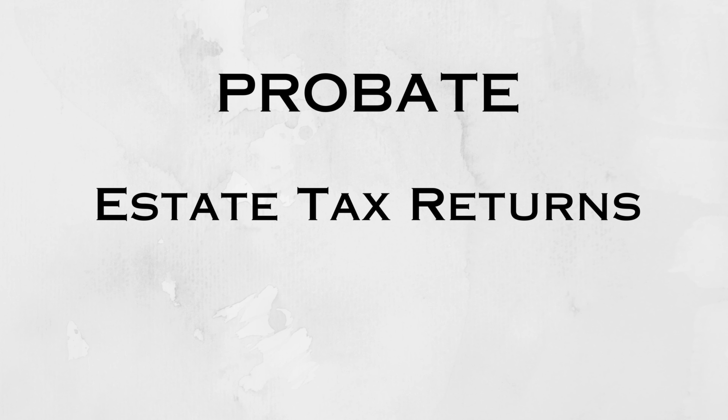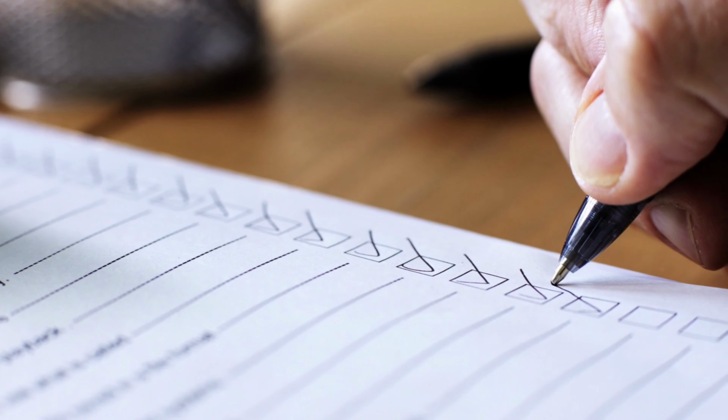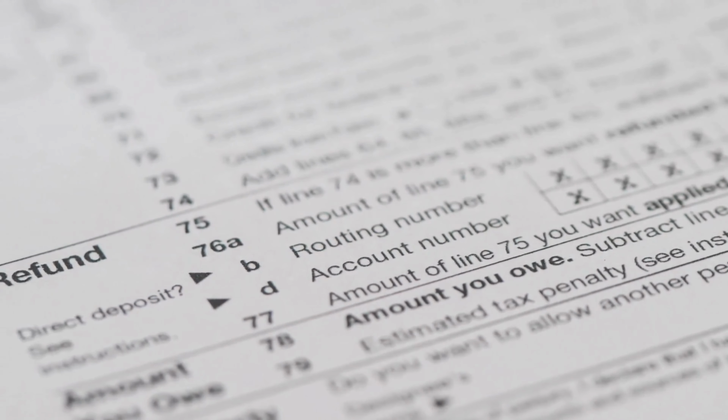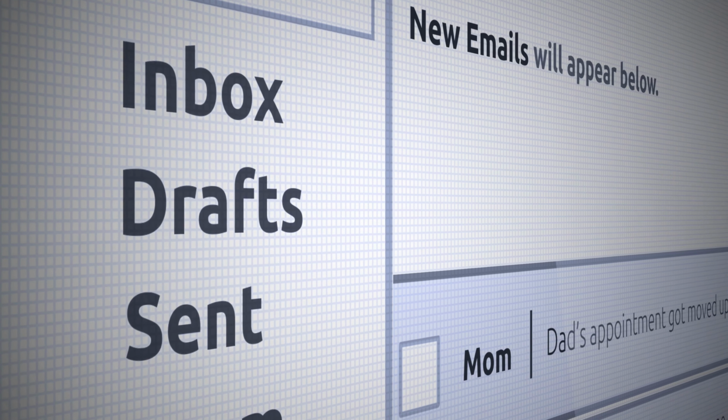To settle the deceased's estate, the personal representative must prepare estate tax returns that show all of the property included in the estate. The returns must be filed and the tax paid before the estate can be settled. If the returns are filed and not accepted, the government may ask for more information or even, God forbid, audit the estate.